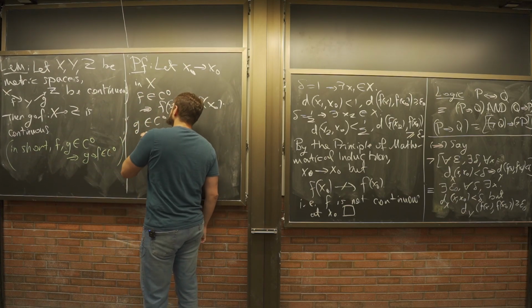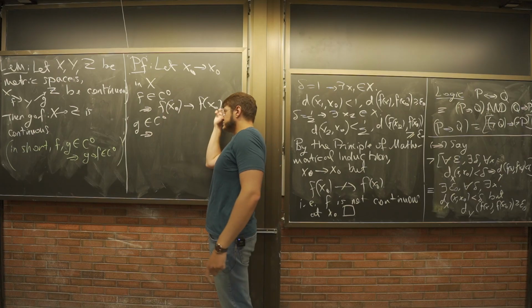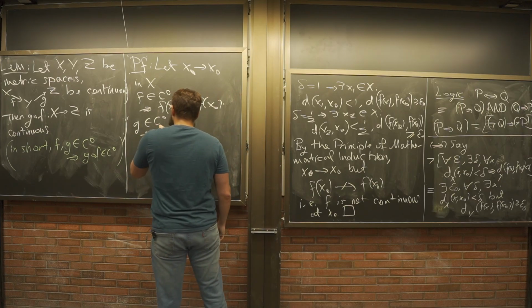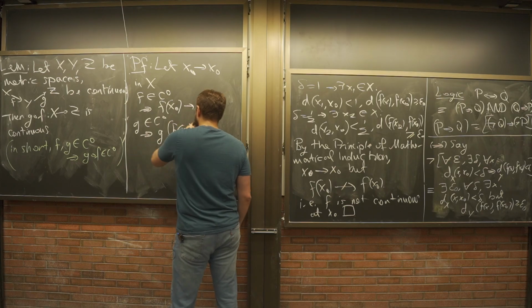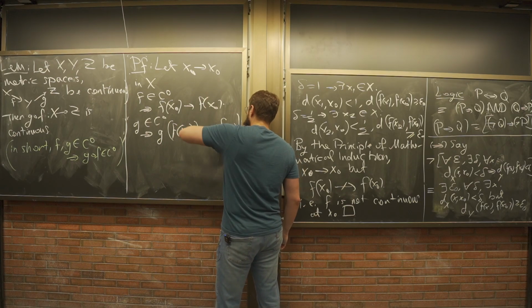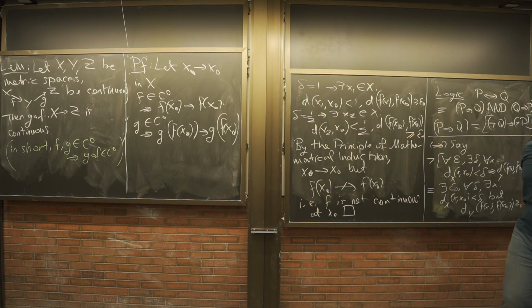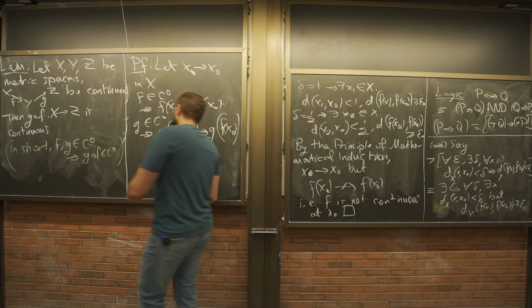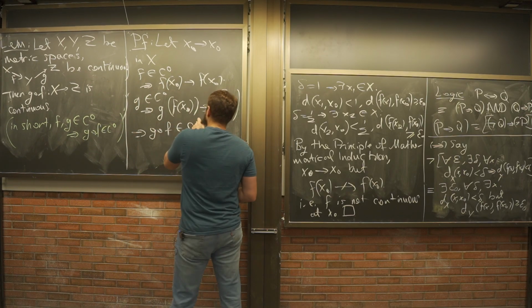It's a continuous function, which means the image of this particular sequence in y converges to the image of this. But of course, this is the definition of g composed with f being continuous. See?